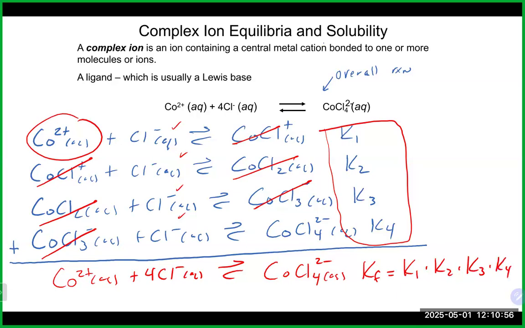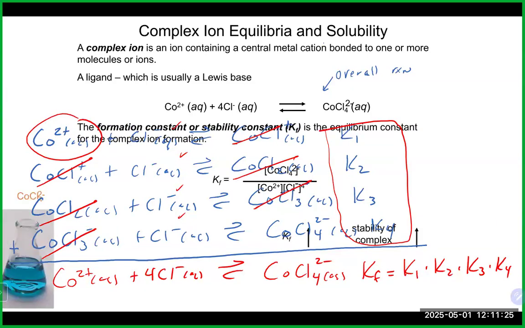Any questions on that? Sometimes in these problems with Kf and complex ions, they'll give you the overall reaction that happens when all the ligands have been added. Sometimes they may give it to you in a stepwise fashion, where you could put all the steps together and get the overall reaction along with the K value associated with it. Any questions on that?